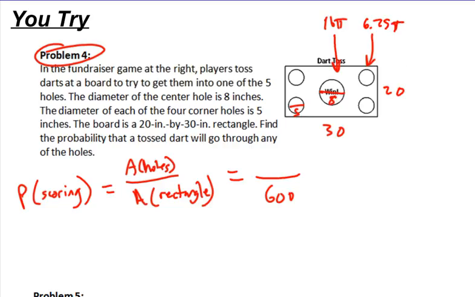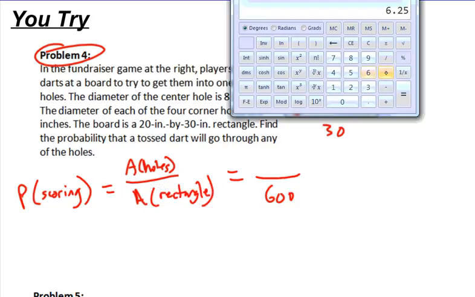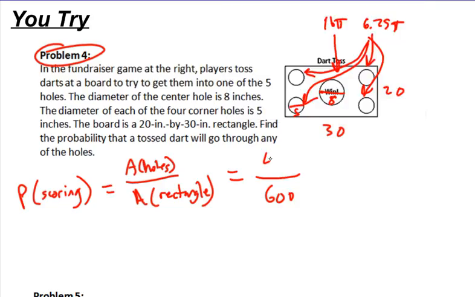Add those all up, because these will all be 6.25, times 4, plus 16. We get 41 pi.